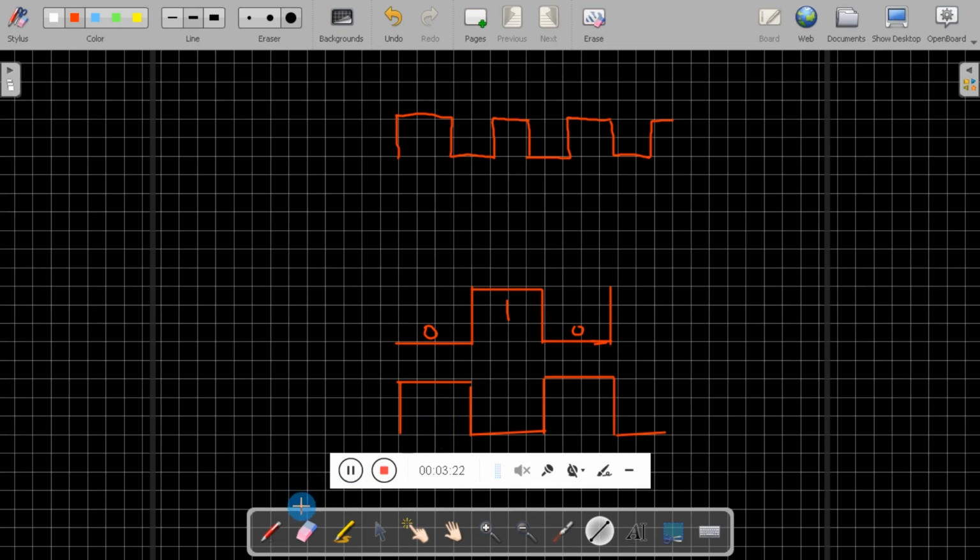So here, this is the stable state, then it will go to the unstable state, then it will return to the stable state. When you give the trigger pulse, it will go to the unstable state. This is also called a one-shot multivibrator. That means when you give the trigger pulse, it will move to the other, unstable state. In another way, you can take logical 1 as the stable state. So initially it is in logical 1. When you give the trigger pulse, it will move to the unstable state, and it will remain in that state and then return to the stable state. Similarly, when you give the trigger pulse, it will move to the unstable state. Then it will return to the stable state, and so on.